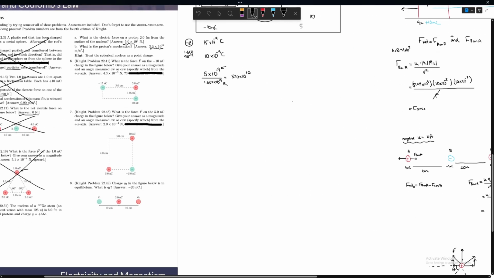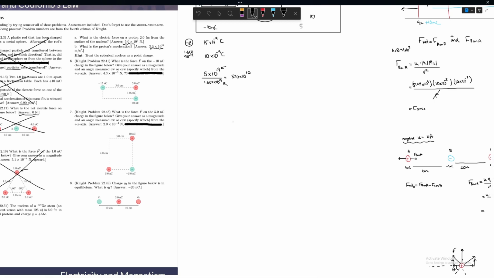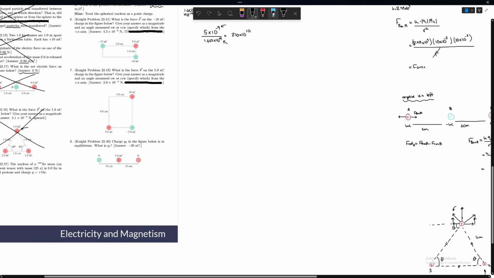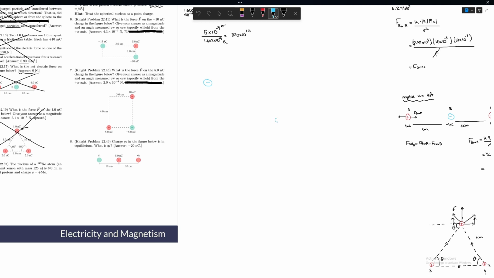All right. What is the force on, okay, this question is extremely common. Let's draw it out. We have a negative, another negative here somewhere, and I have a positive here.